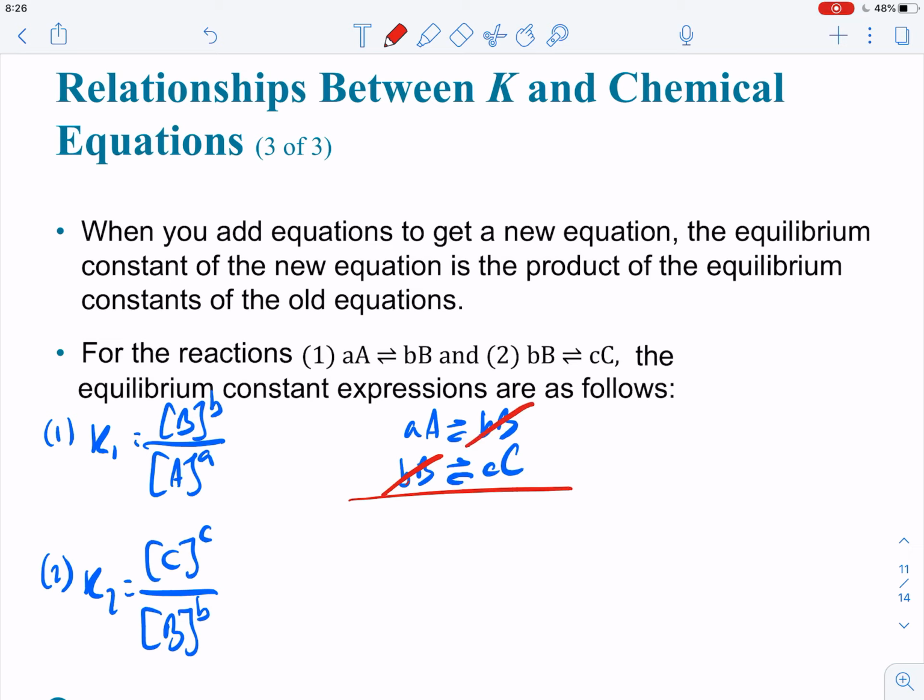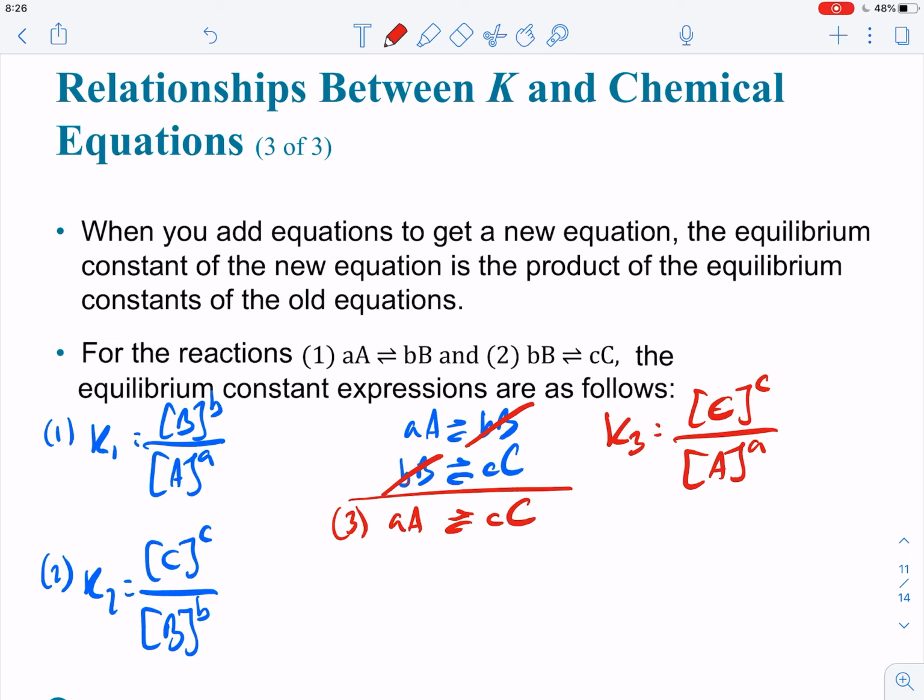And then we obtain A goes to C. If we call this 3, then K3 is equal to C divided by A. And look at this.